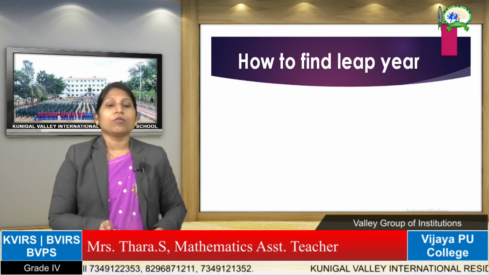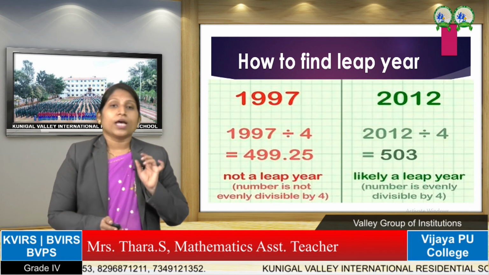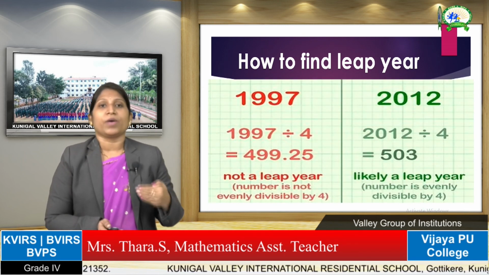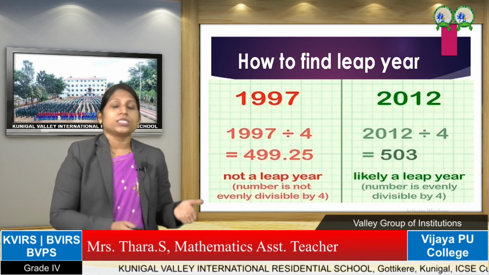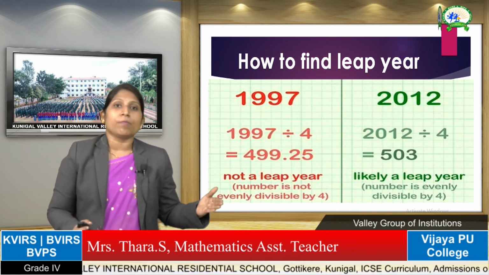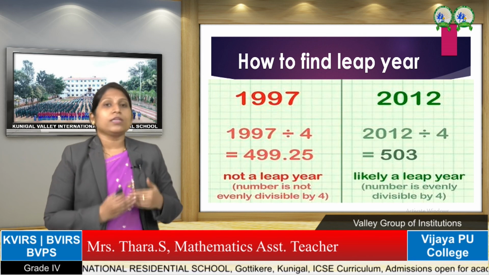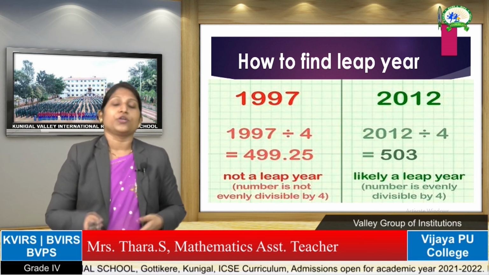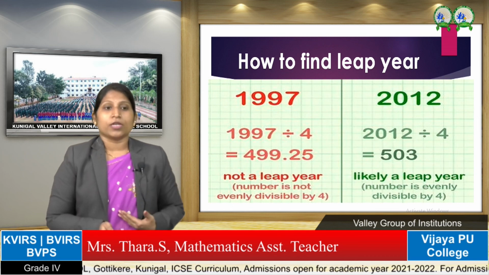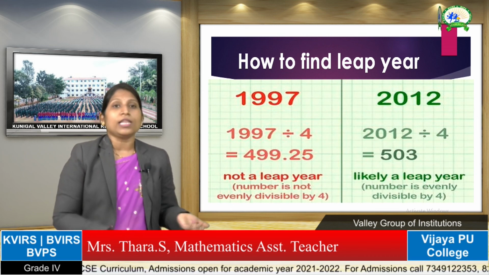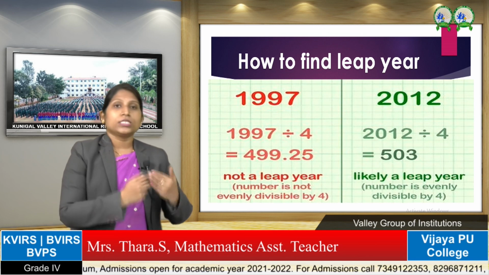So how to find out a leap year? If the number of the year is easily divisible by 4, it will be considered a leap year. If it is not divisible by 4, that year will not be a leap year. This is another mathematical method to find out the leap year, children. You can see 1997 is not a leap year because it is not easily divisible.